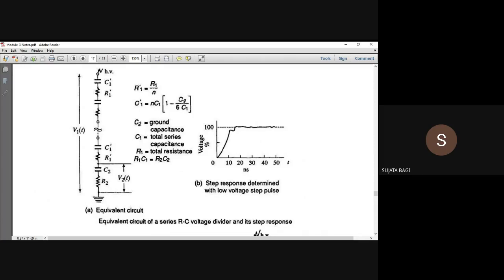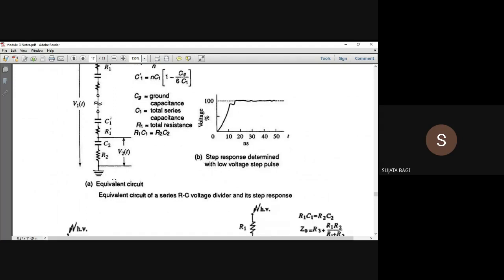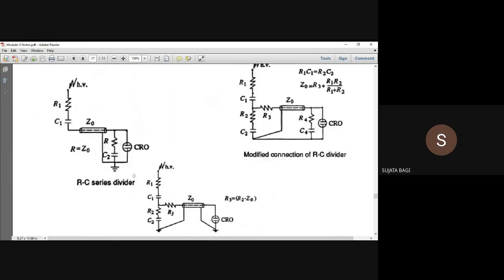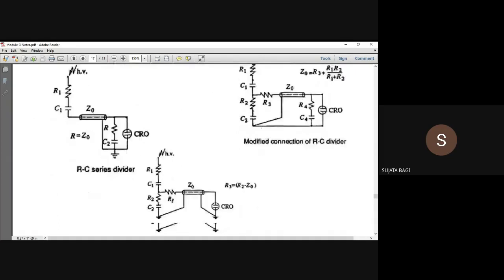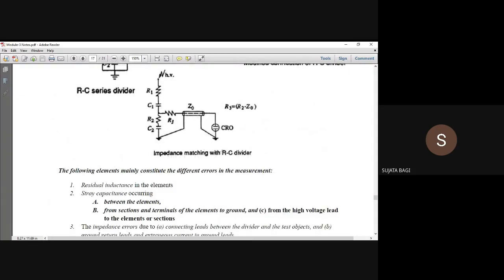Here the RC elements are connected in series. This is another form of RC series divider circuit, with an RC network, coaxial cable, and the CRO across this. This impedance may be replaced by R also. This is the mixed connection RC divider network, another form of mixed RC network, and another form of impedance matching RC divider.